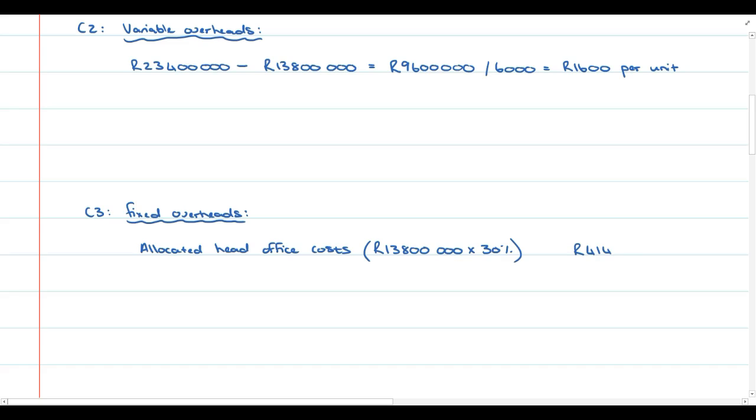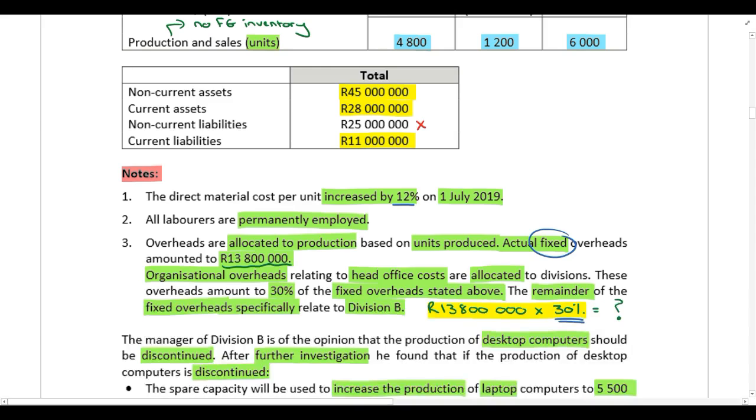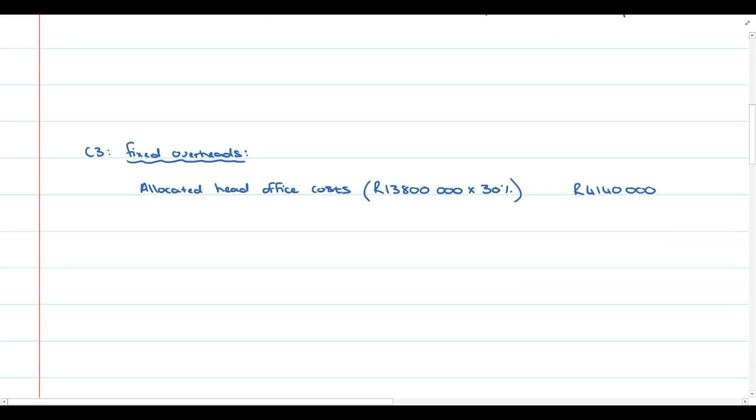So that's 4,140,000 Rand. And then we are told that the remainder of the fixed overheads specifically relate to Division B. So the other 70% specifically relate to Division B. All right, so that's just your balancing figure.